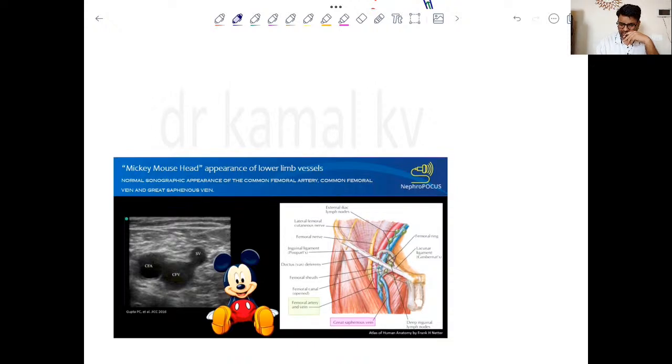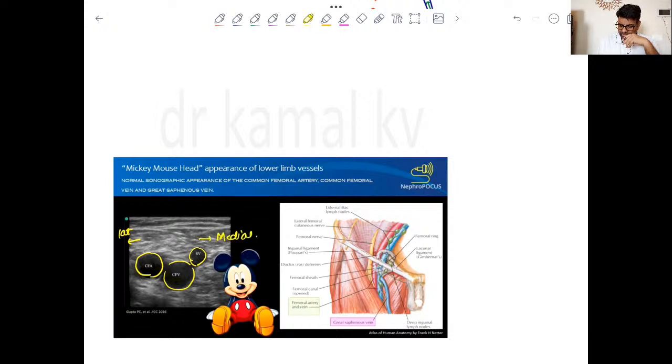If we see it in the ultrasound here, you can see this is the saphenous vein, this is the femoral vein, and this is the femoral artery. Of course, this side is lateral and this side is the medial.